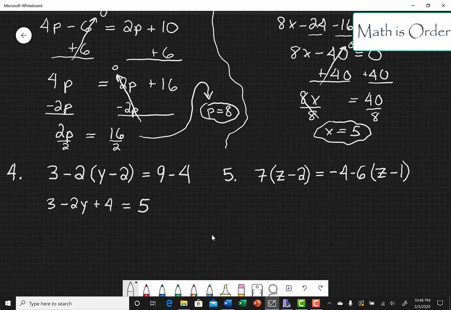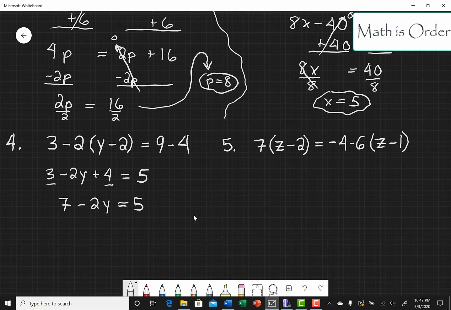We do have like terms, the 4 and 3. So we need to combine those like terms first. Now, 3 plus 4 is going to give us 7. So now 7 minus 2y equals 5.